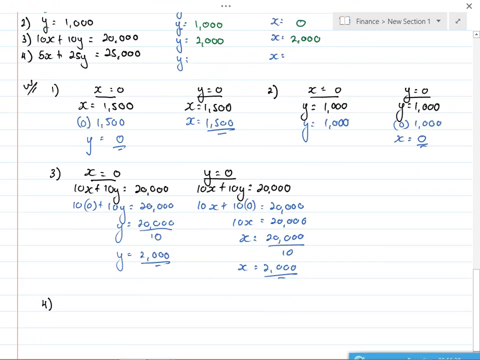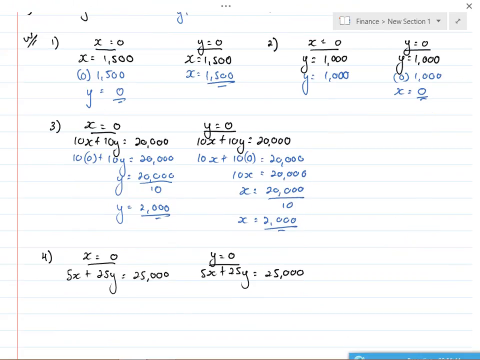Working number 4. Equation 5x plus 25y equals to 25,000. Substitute the 0 inside 25y equals to 25,000.